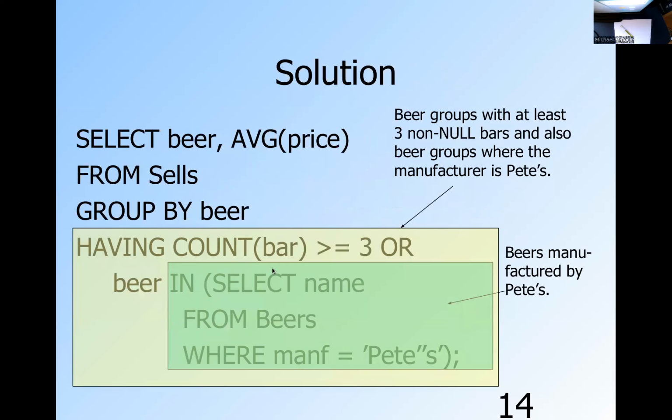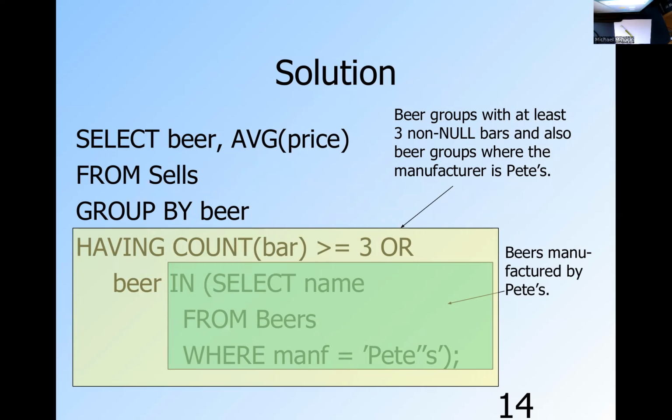What this is basically saying is: give me the beers and the average price from Sells, and group by beer. That makes sense. If we just look at this query right here, that will wind up giving us back, like, Bud average price of $4.95, Pete's $3.95, or whatever it might be.